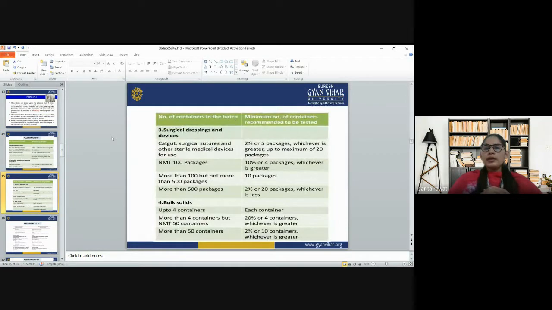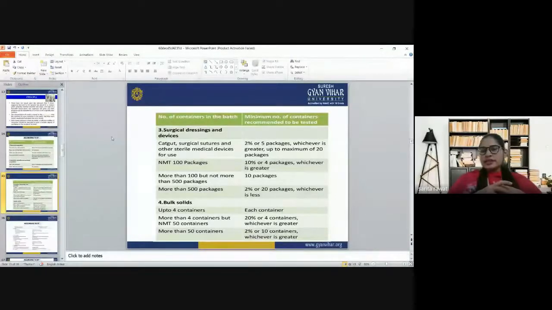Now, the number of containers in the batch and the minimum number of containers recommended to be tested for surgical dressings and devices. For devices for use, we have to take 2% or 5 packages, whichever is greater, up to a maximum of 20 packages.